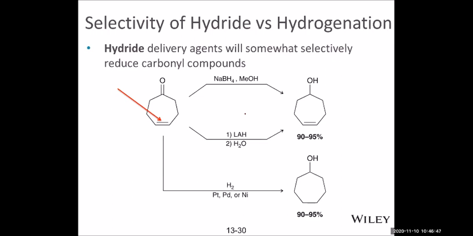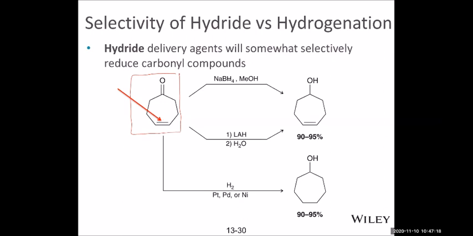Okay, so this is basically how we compare across. We mentioned the hydrogenation reaction to add hydrogen to the carbonyl and produce the alcohol. We can also use two agents that give you hydride to add hydrogen to the carbonyl. What's the difference? This is a good example. Let's say we have a carbonyl compound with a carbon-carbon double bond.